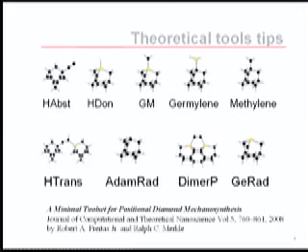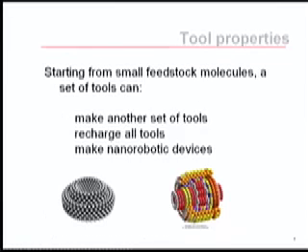And after looking at this particular set of tools and analyzing it, we see hydrogen, carbon, and germanium atoms involved here. We find that if you look at it and think about it and do enough work, and there's a nice detailed paper that discusses all of the reactions involved, you can use that set of tools to make another set of tools, which is a good basic property if you want to have molecular machines that can make more similar molecular machines.